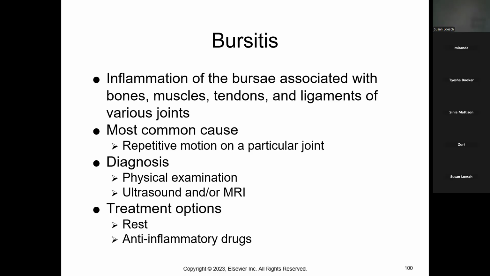So if they did have bursitis, we would see things like swollen, red, achy, or stiff areas, or pain, or tenderness when you try to move. Usually, you would need an MRI or something like that to actually see it.